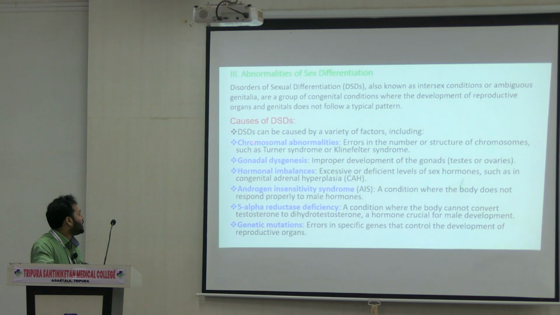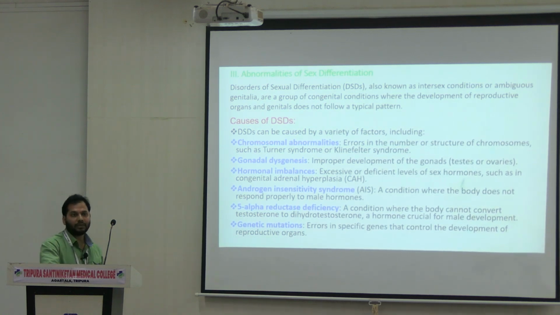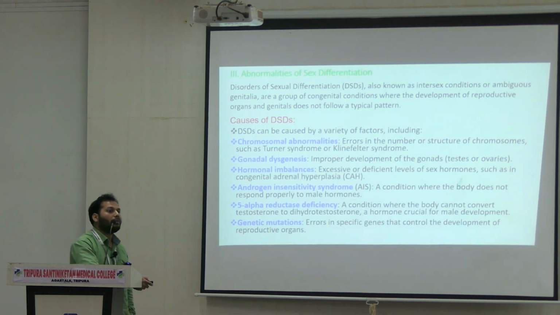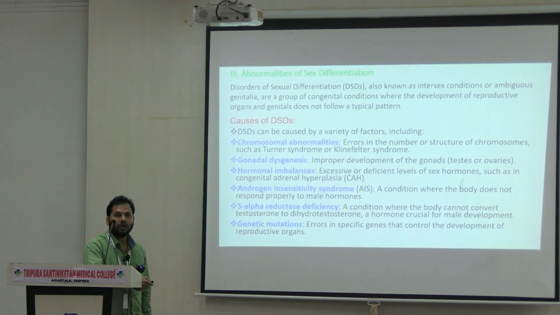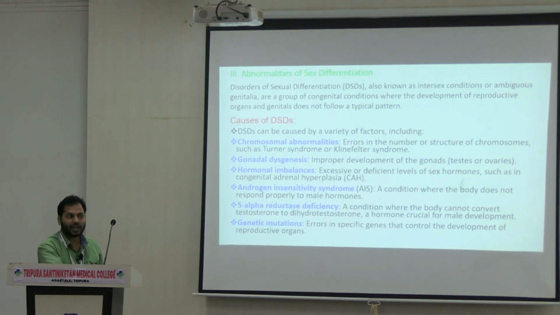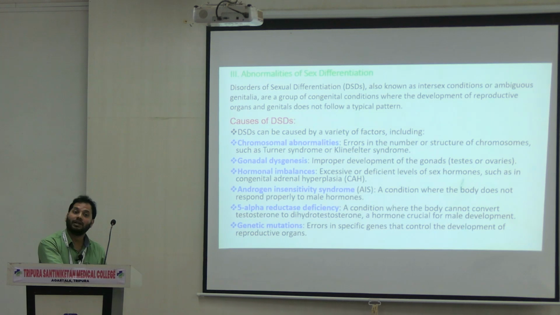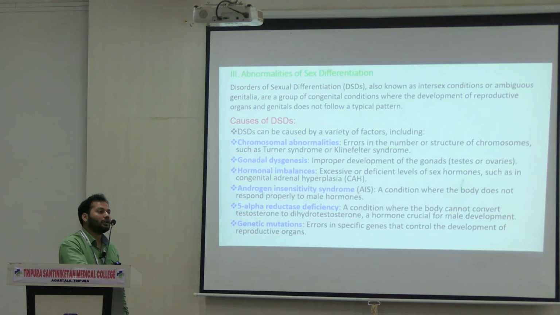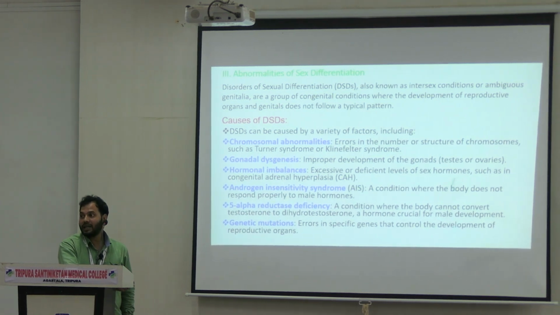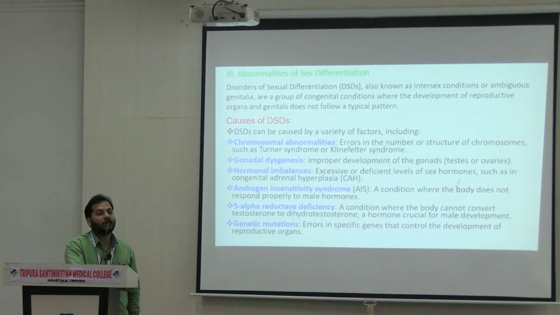So what are these? Some are chromosomal abnormalities. In some cases, we see there are more chromosomes instead of the normal chromosome number, and in some cases there is a structural abnormality in chromosomes. Both number abnormality and structural abnormality affect the differentiation of the gonad.